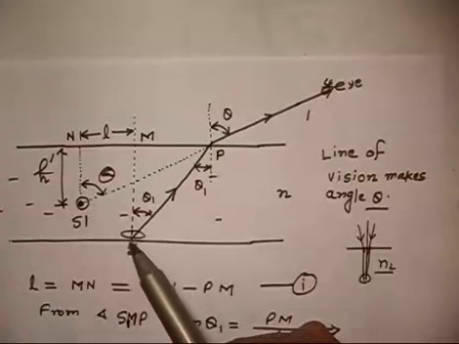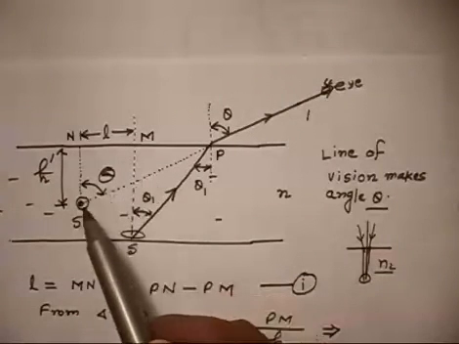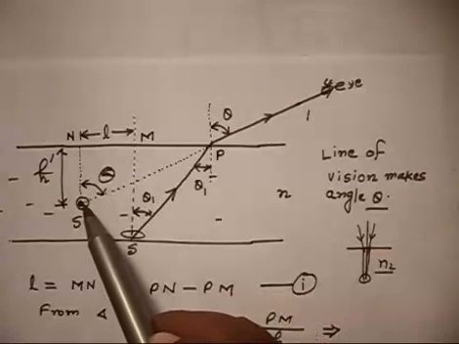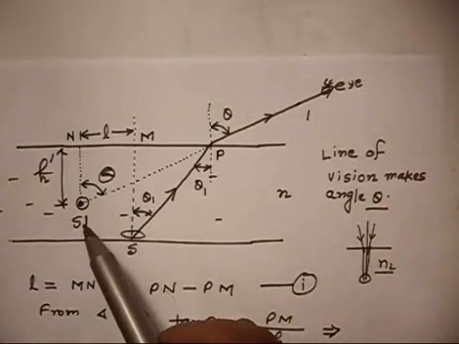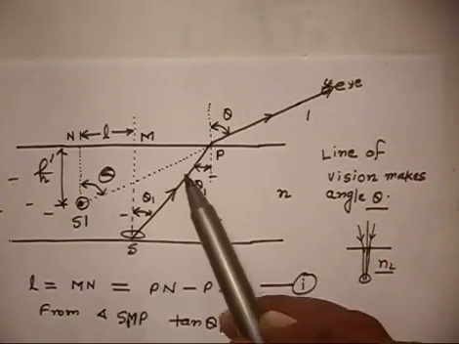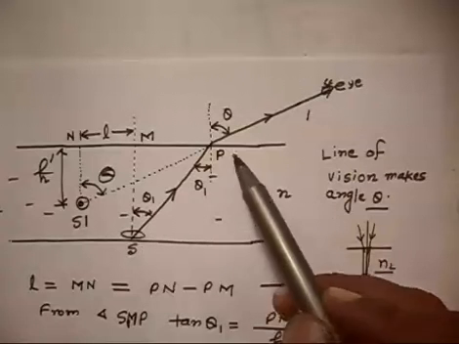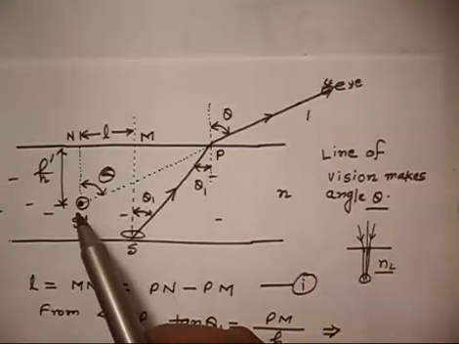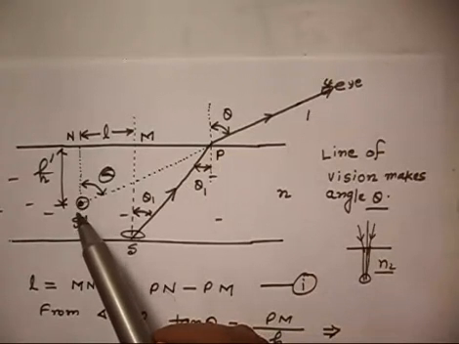So what we have done? We have shown only one ray, and if I extend this ray here, and if I drop a perpendicular, this is the image S1. Now you cannot form this image S1 only from one ray. Basically in the next diagram I will show you later, there is another ray that also meets at point S1. So there are two rays meeting at point S1. So this is the image.